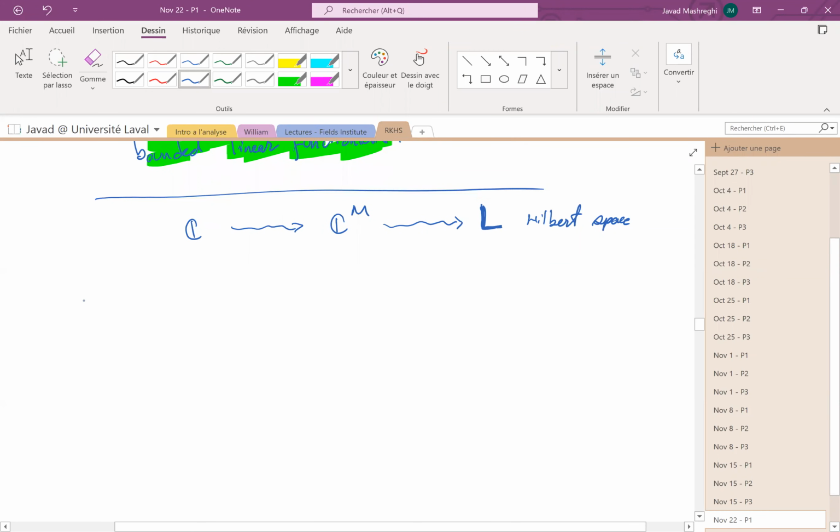An example which is very important, and it's indeed the topic of this week of the focus program. Again, consider P of x equal to 1 over 1 minus x, the sum from 0 to infinity of x^n. In this case, a_n is equal to 1 for n bigger than or equal to 0.